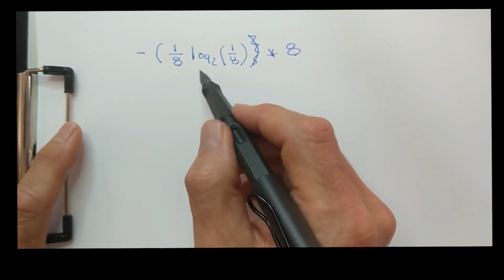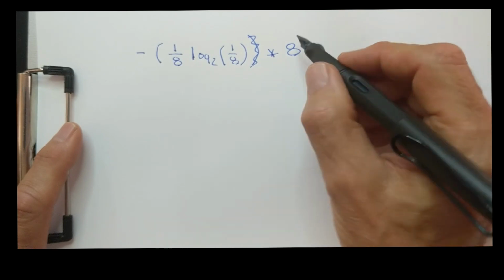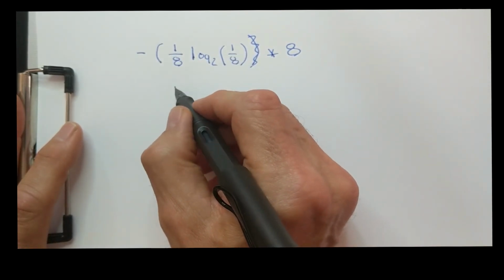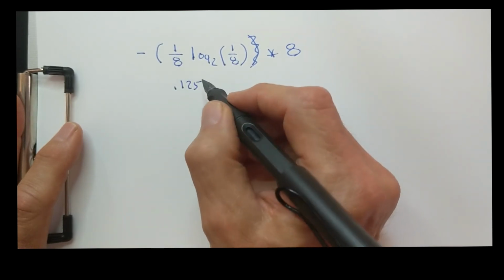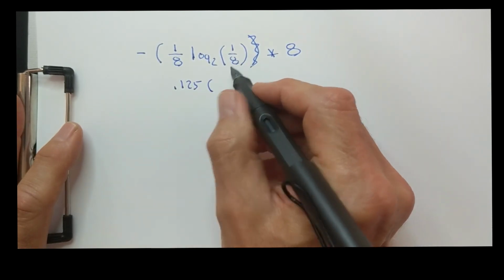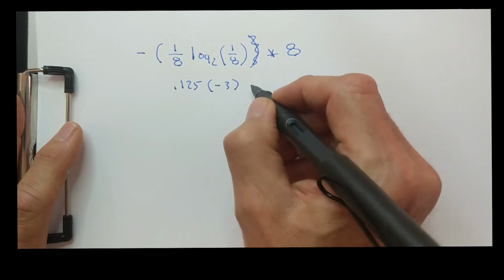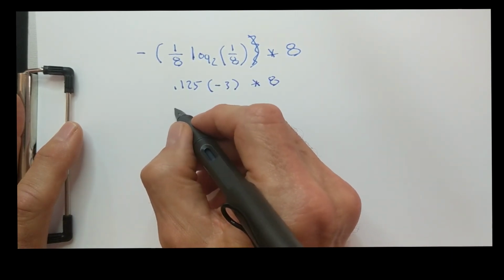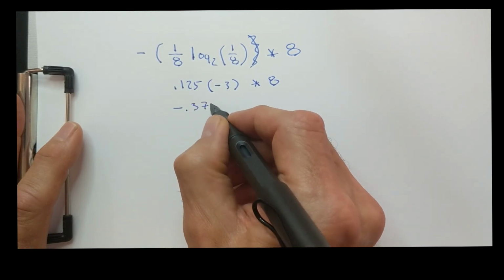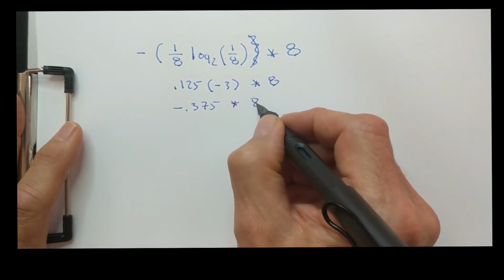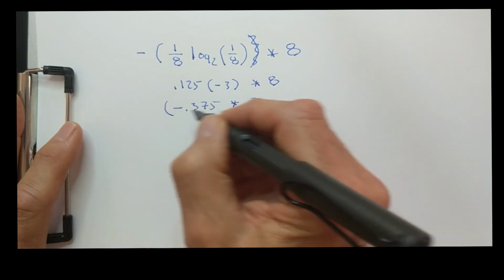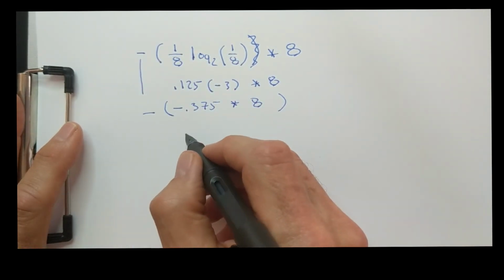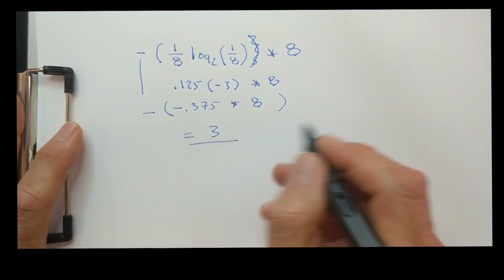So this is the probability of rolling a 1, and then there's a 2, so there's 8 of them. And log 2 of 1/8 is -3 times 8. It's negative. That's where that comes from. And that equals 3.